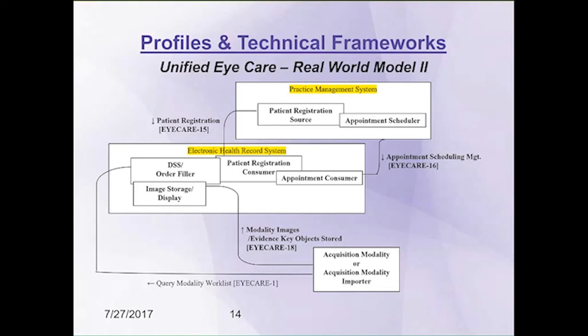But the key addition is if I'm doing real world model 2, I now can do DICOM image storage and display. So that's a new actor that your EHR would incorporate into their product. And I can tell you now there's many of our products that have worked and are doing that actor today.